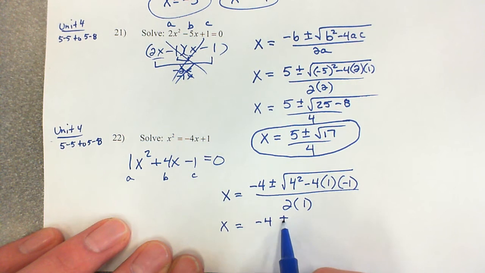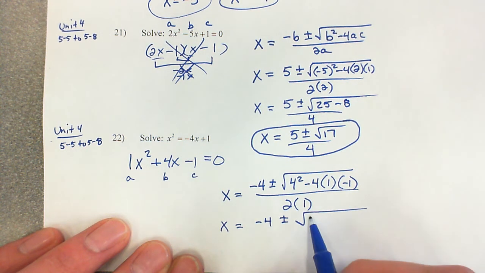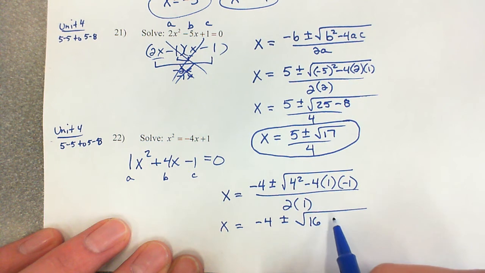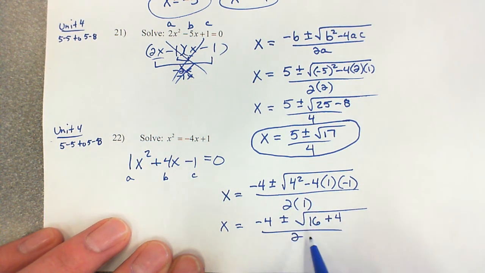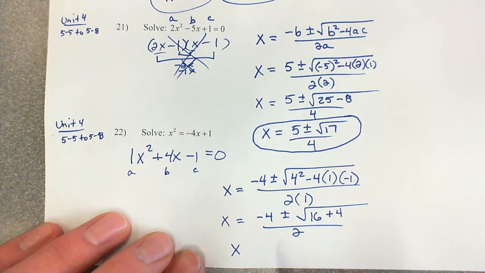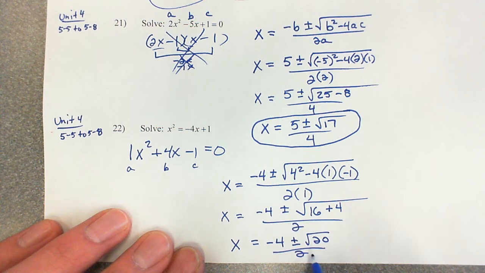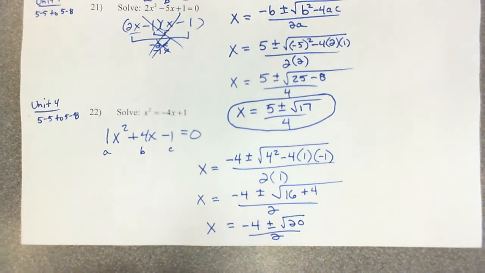So x equals negative 4 plus or minus the square root. 4 squared is 16. Negative 4 times 1 is negative 4 times negative 1 is positive 4 over 2 times 1, which is 2. So then x equals negative 4 plus or minus the square root of 20 over 2.